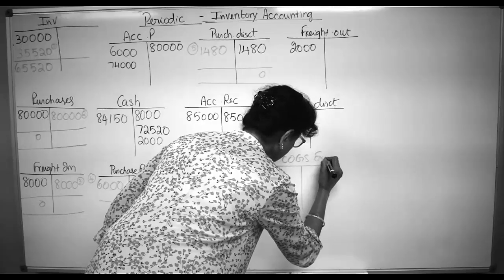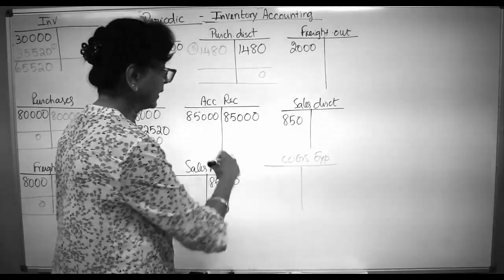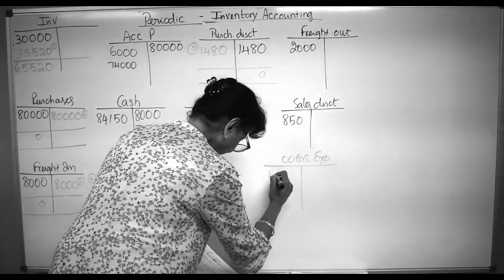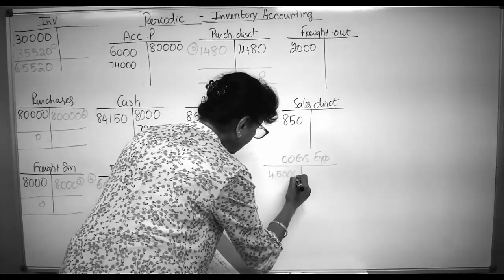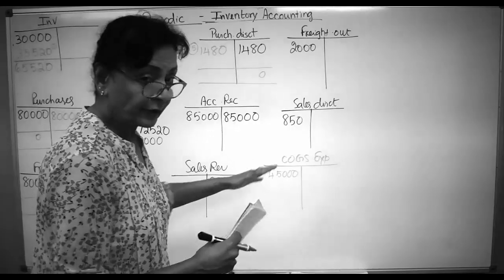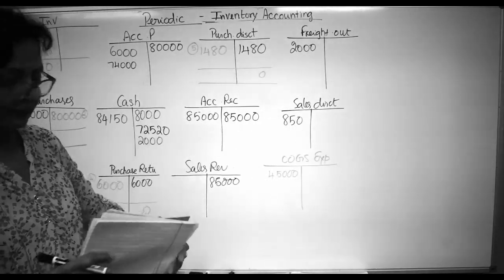Remember folks, the total amount you debit should be equal to the total amount you credit. So now the cost of goods sold would be $45,000. And I'm also going to explain this in the journal form, so you will see how we got the $45,000.